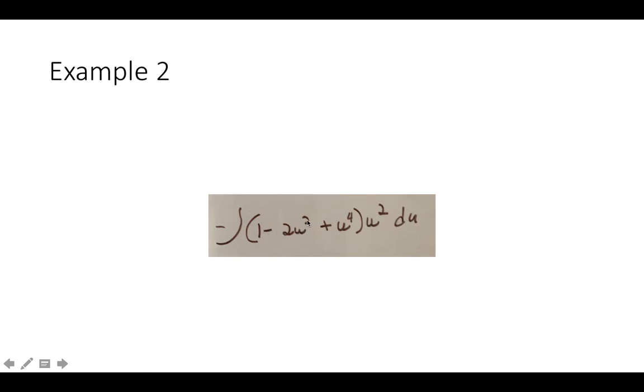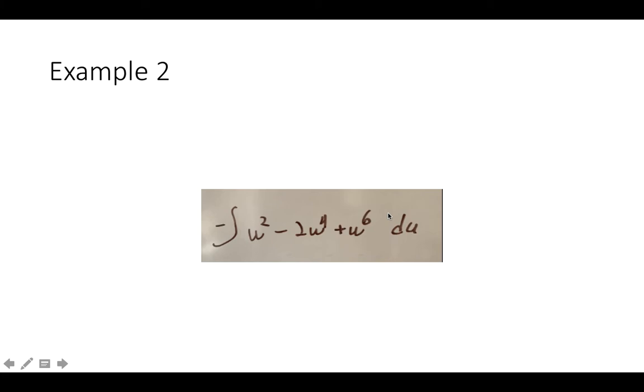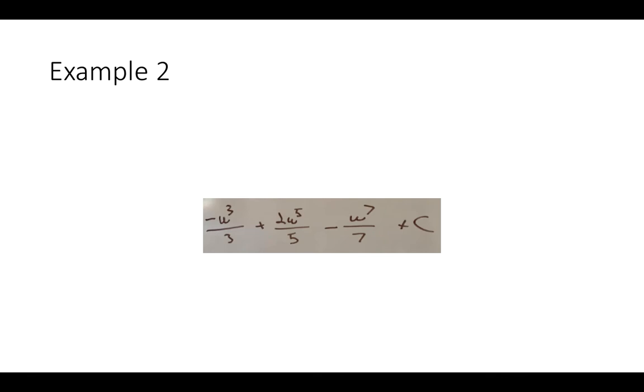We also FOIL this to make it simpler, and we're left with 1 minus 2u squared plus u to the fourth, times u squared. To make it even simpler, we distribute the u squared, and we're left with u squared minus 2u to the fourth plus u to the sixth du. Now we simply integrate. If we integrate and distribute the negative sign, we're left with negative u cubed divided by 3 plus 2u to the fifth divided by 5 minus u to the seventh divided by 7 plus c.